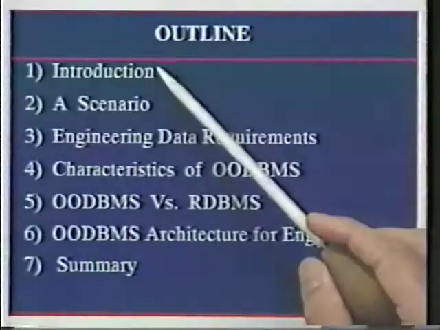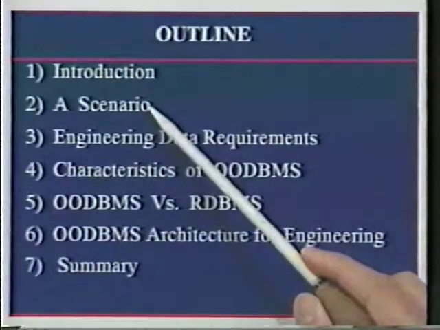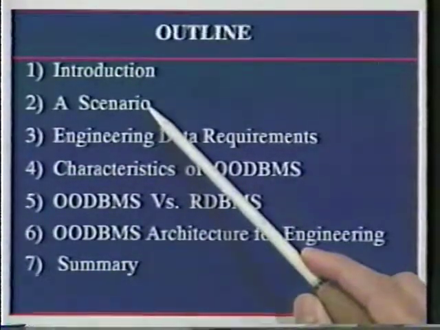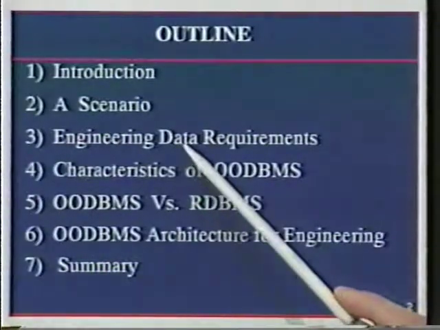This section is more oriented toward engineering applications, and first I'll discuss the nature of engineering problem solving. Then I will give you a scenario on how typical problems are solved in a collaborative manner. We will discuss the engineering data requirements.